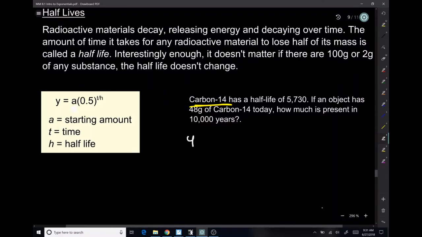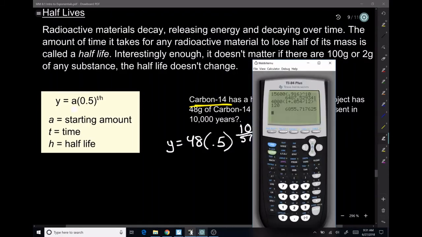So let's say that an object starts with, that's the A value, 48 grams of carbon-14. It has a half-life, this is our H from our formula here, of 5,730 years. And the amount of time that it's going to take is 10,000 years.